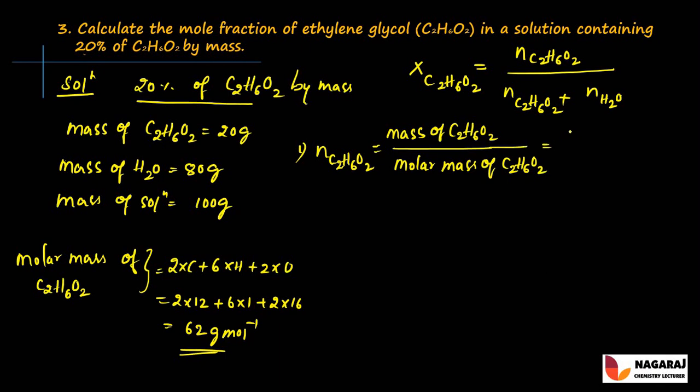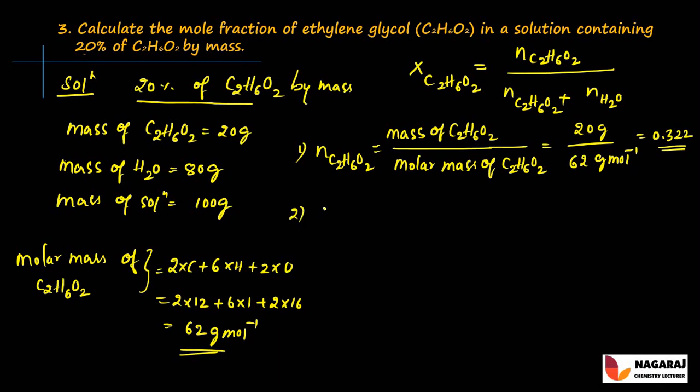So mass of ethylene glycol is 20 grams divided by molar mass of ethylene glycol, 62 grams per mole. So on simplification, it gives 0.322 moles.